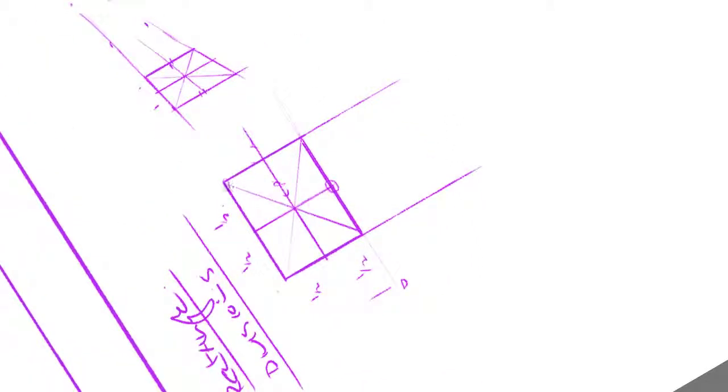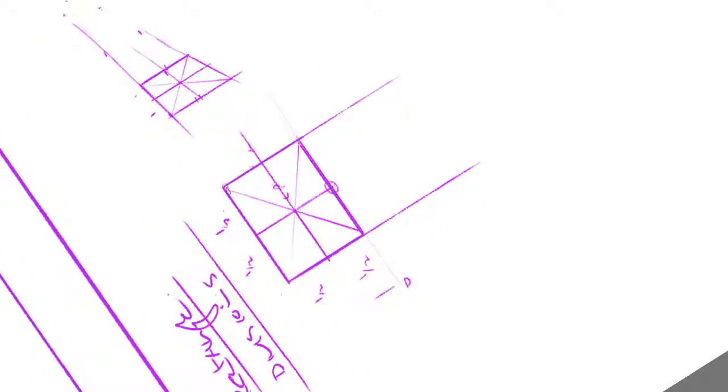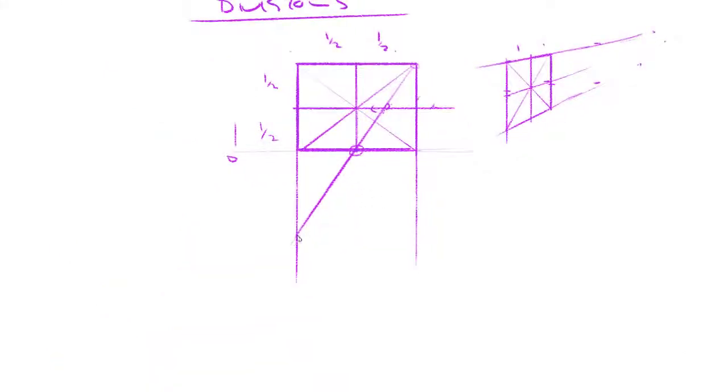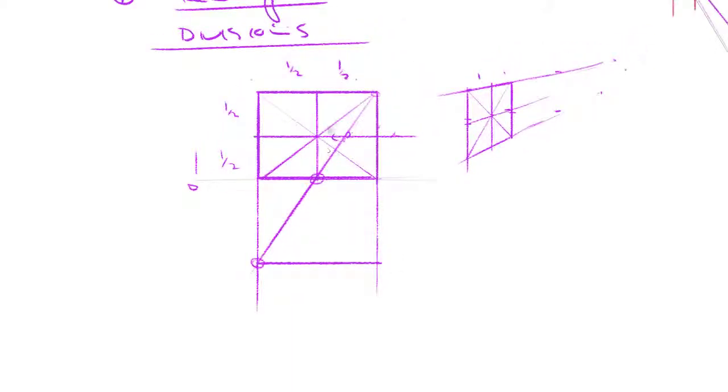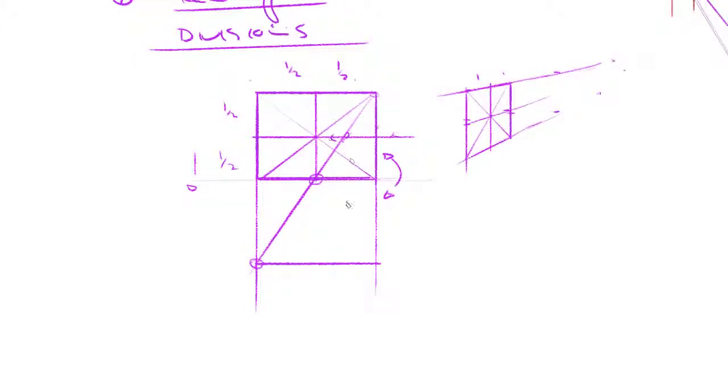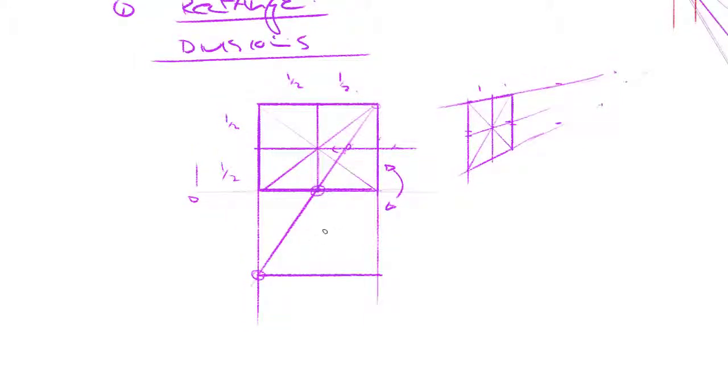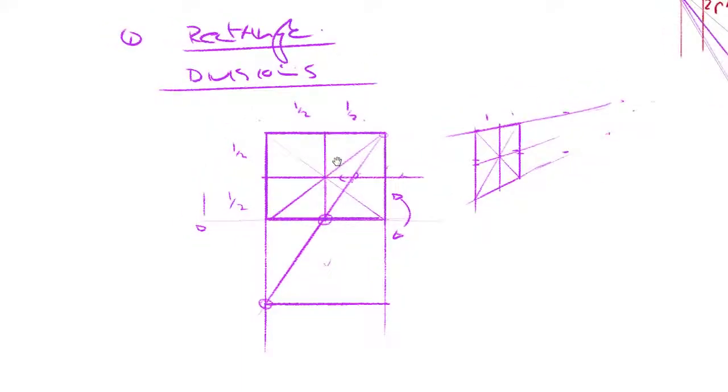So I'm going to go from this point, through center line, and then at this intersection, I'm going to draw a line parallel to the picture plane or to the rectangle, and there you have it. I just duplicated this rectangle down. So they are the same dimension. It all depends on how well I connected this point and all those things, but this is the technique.